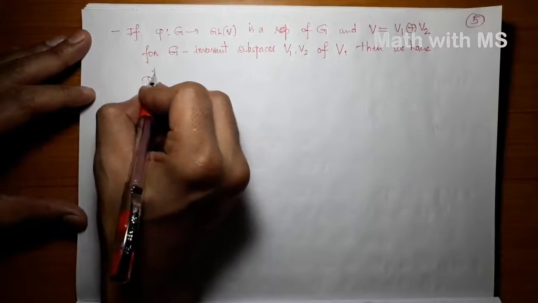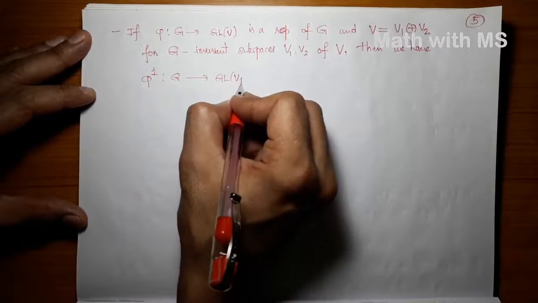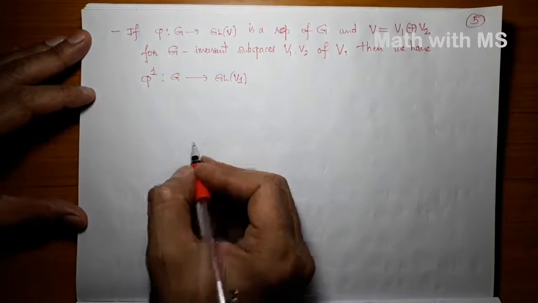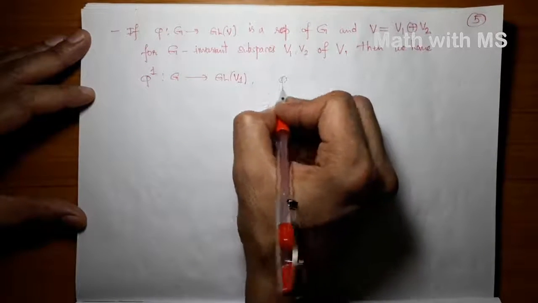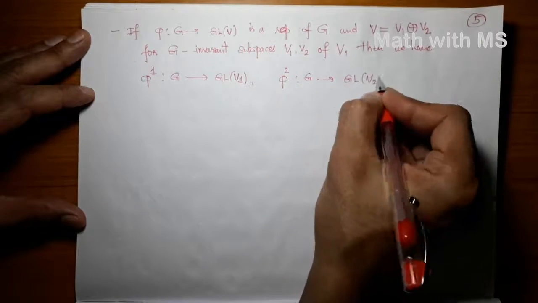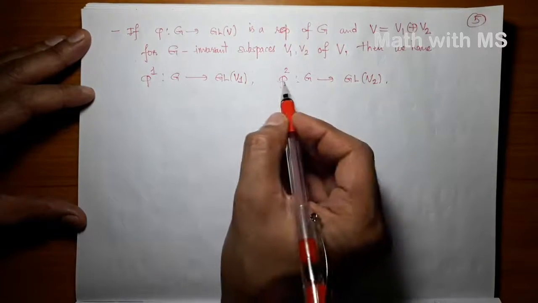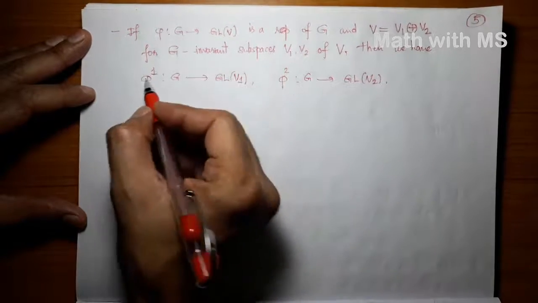Let us call them phi 1 from G to GL(V1), as explained before, and phi 2 from G to GL(V2). Then what is the relation between phi and phi 1 and phi 2?